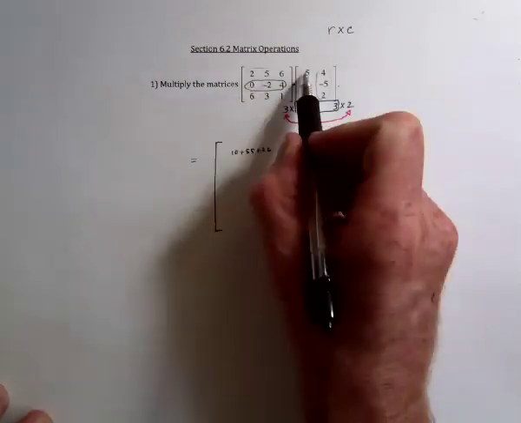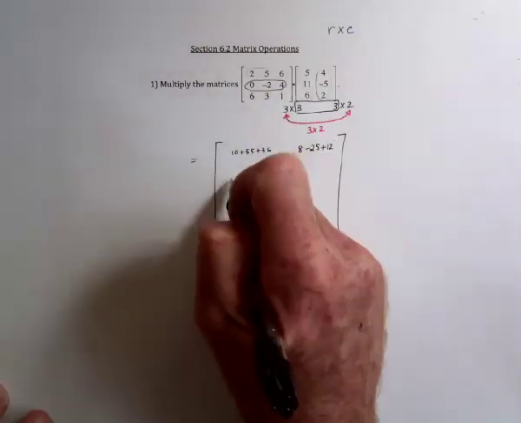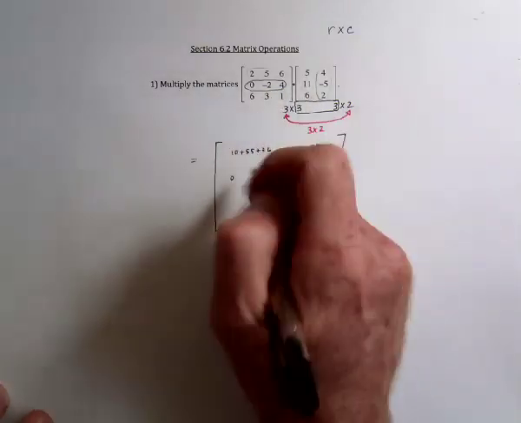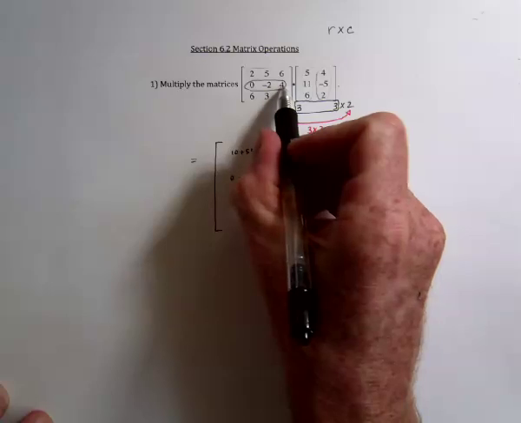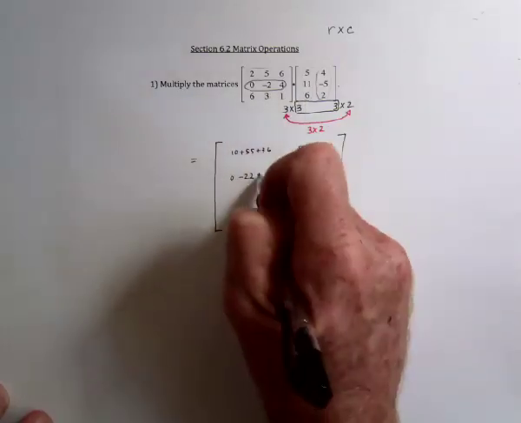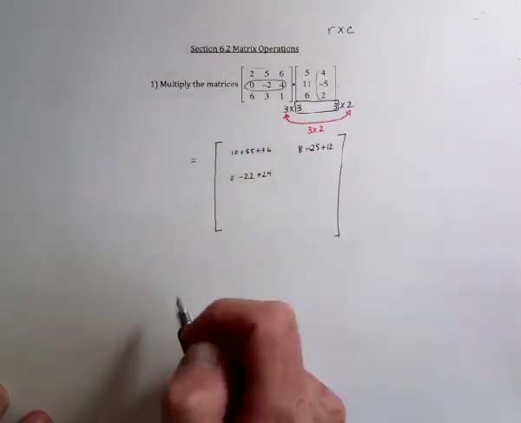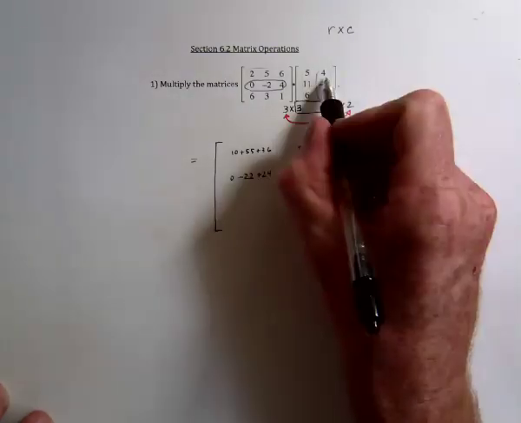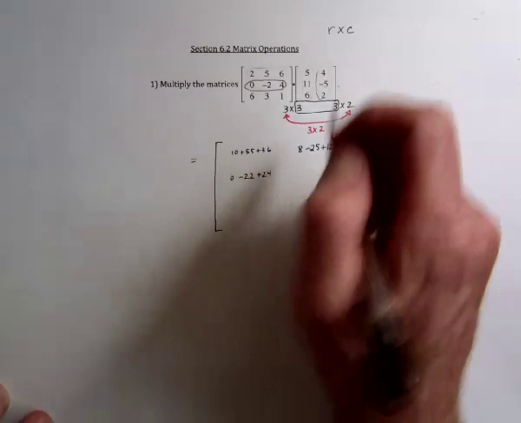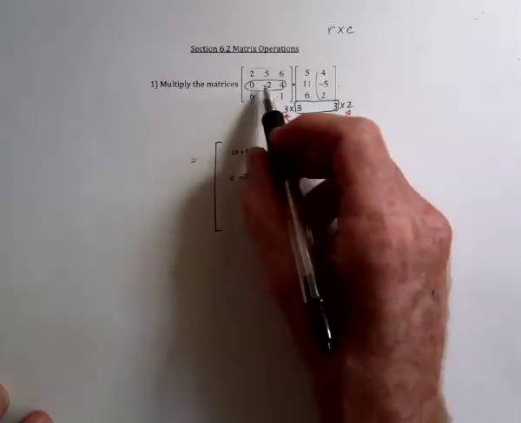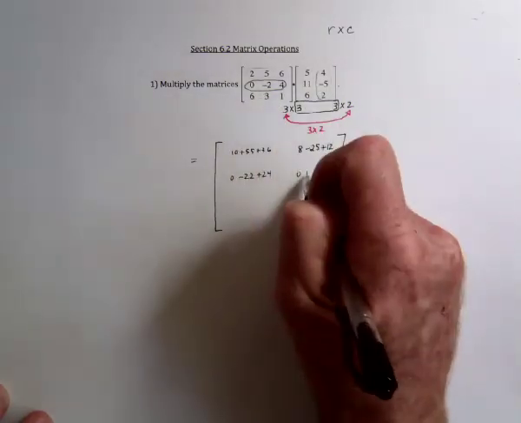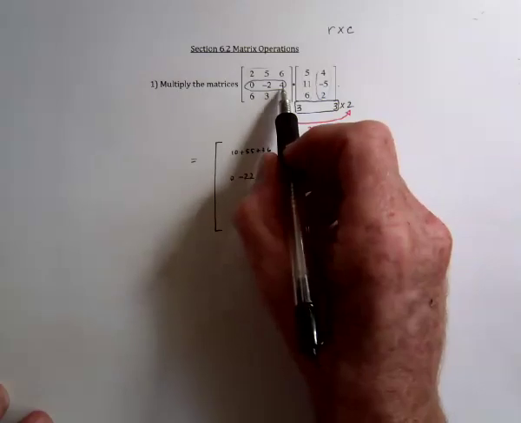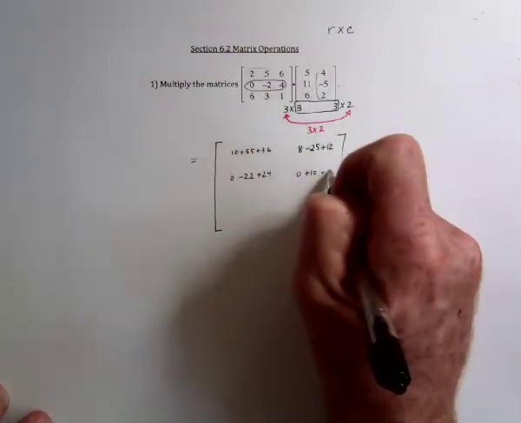So 0 times 5, negative 2 times 11, and 4 times 6 is 24. And then for this column, use the second column. So 0 times 4, negative 2 times negative 5 is positive 10, and then 4 times 2 is an 8.